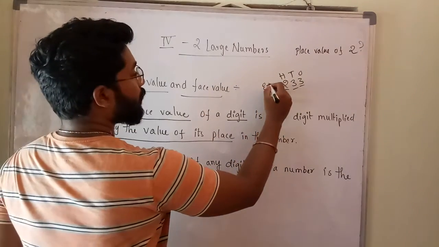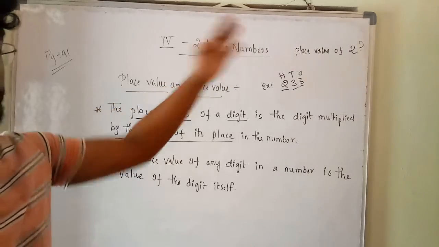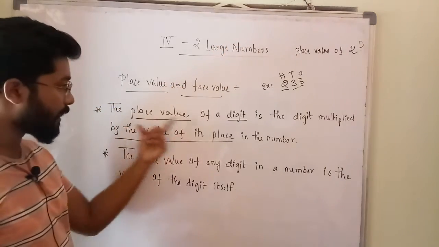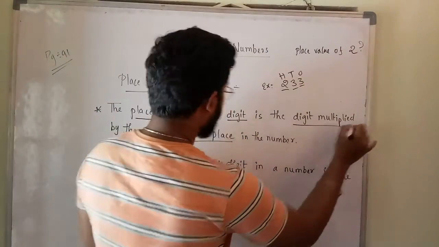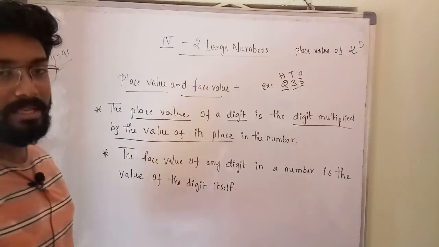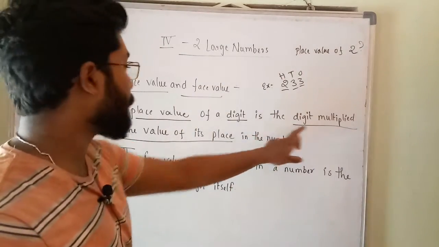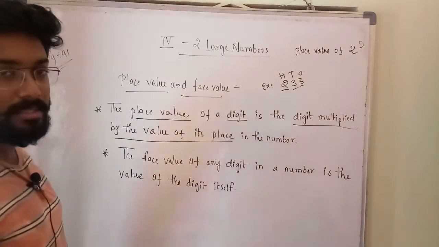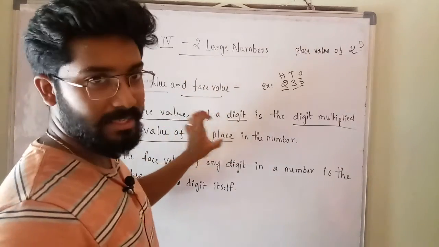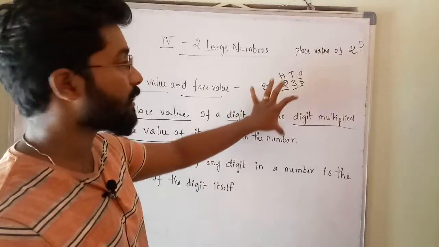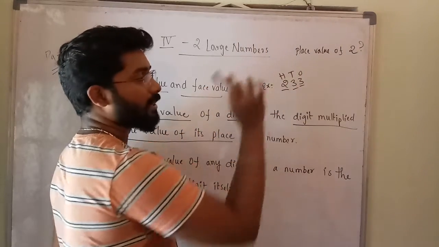Okay, so let us read this and try to understand, and then apply it to the example. The place value of a digit is the digit multiplied by the value of its place in the number. Take the number 233 for example.